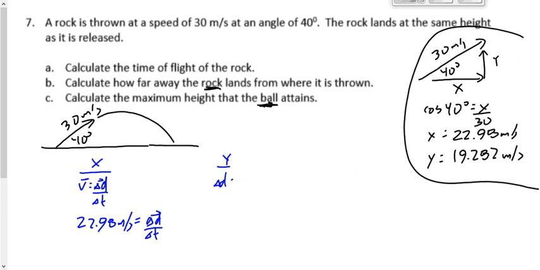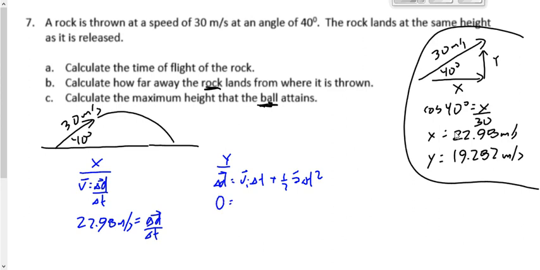d is equal to v_i t plus 1/2 a t squared. What's the vertical displacement here? Amelia? 0. It is because it lands at the same level as it started, right?